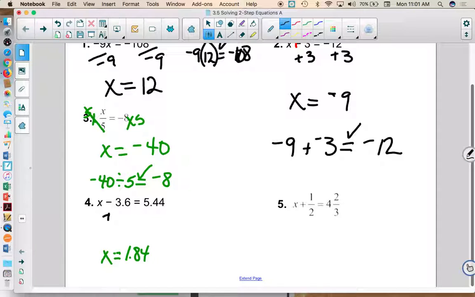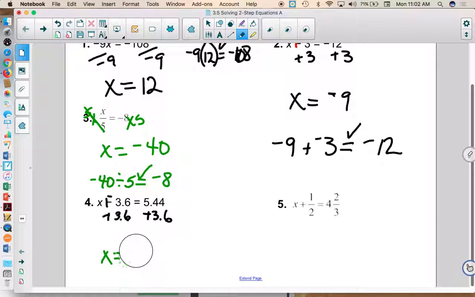You are correct. -3.6 plus 3.6 creates the 0 pair. And your answer is not right, because 5 and 44/100 plus 3 6/10 should be what? 8.94.